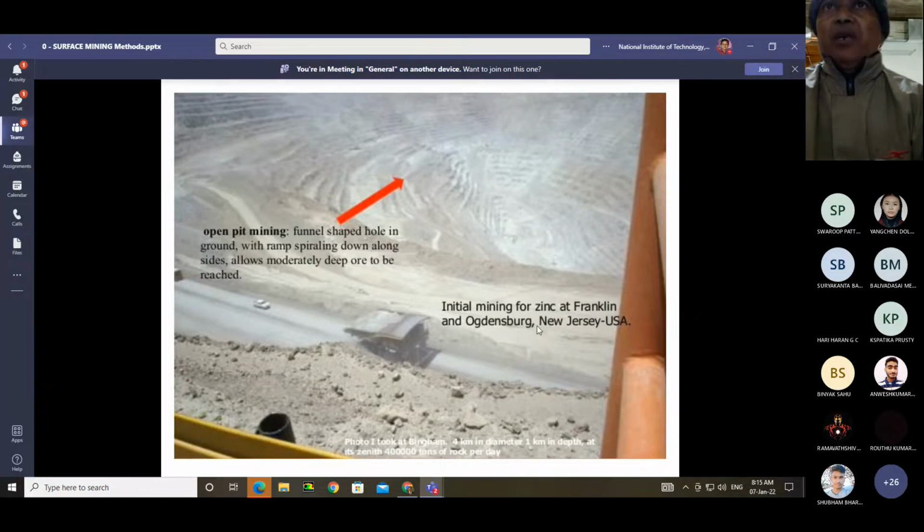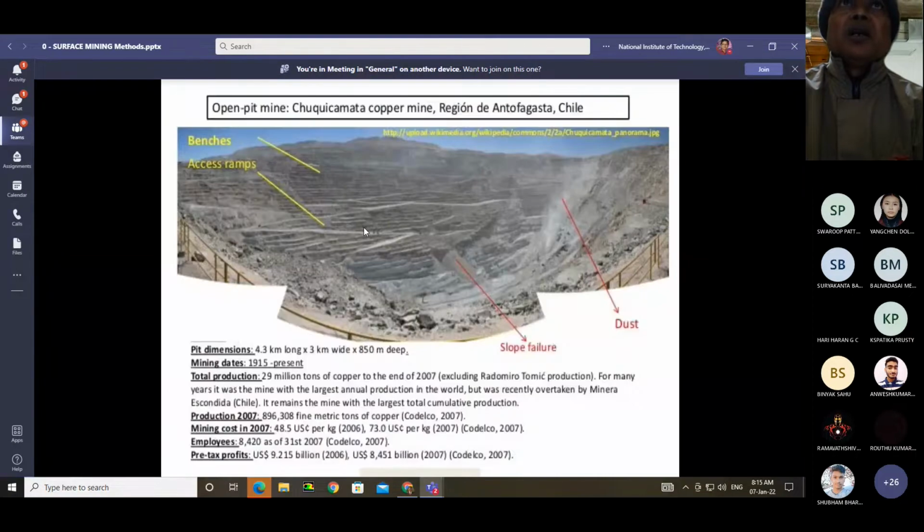This is the initial mining carried out in New Jersey, USA. This is another mine, a copper mine in Chile. These are the benches, and these are the access ramps, and this is the dust generated in the mines, and there is a slope failure here, failure of the slope. So this is one example of an open pit mine.